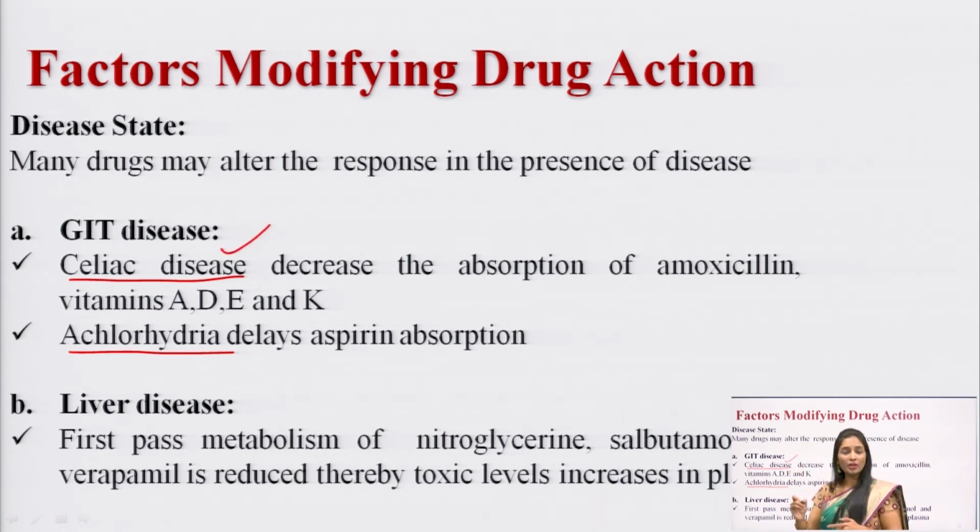So if a person has celiac disorder and the doctor has administered vitamin A, D, E and K, because of this disease state the absorption of the drug will be decreased.